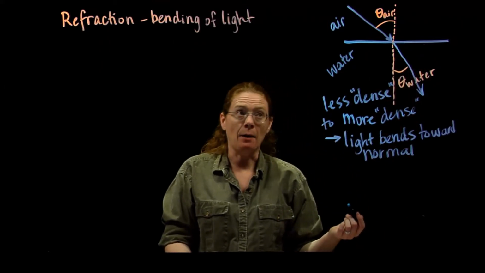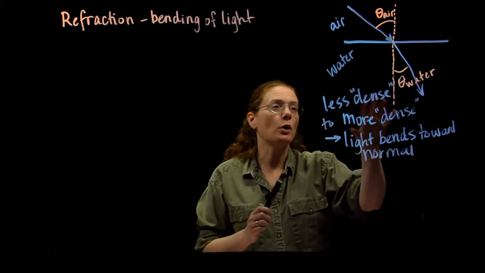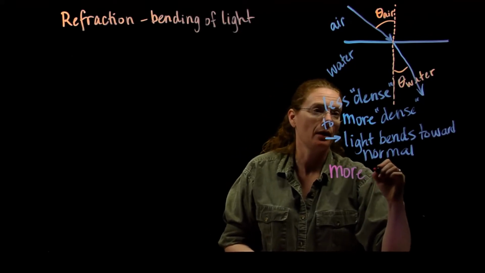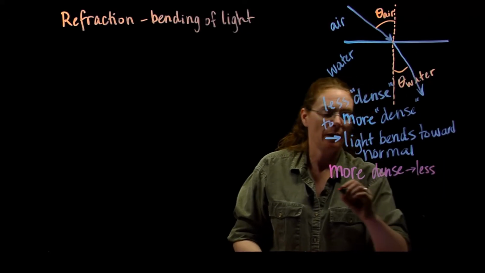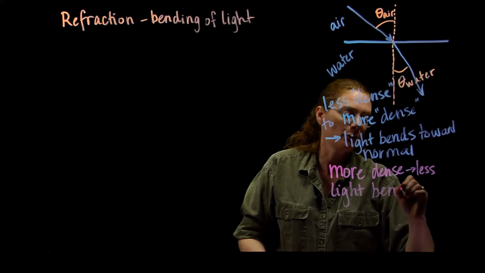So we can have the opposite as well. If we have something going from more dense to less dense, so if we go from water to air, then you can probably guess the light is going to bend away from the normal.